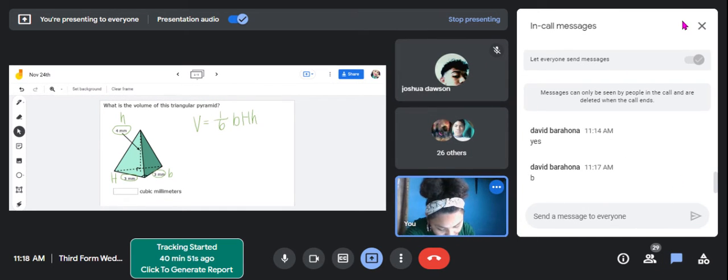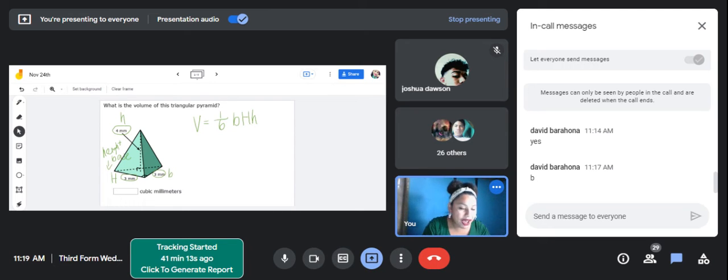The other H, this one over here, is also a height, but of the base. The height of the base. So that's why you give it a capital H.